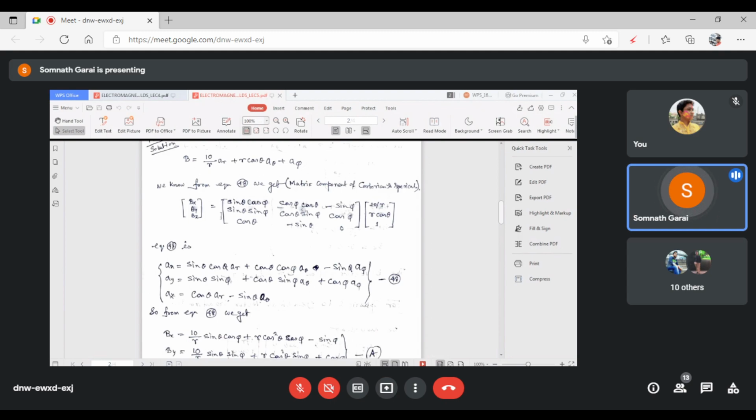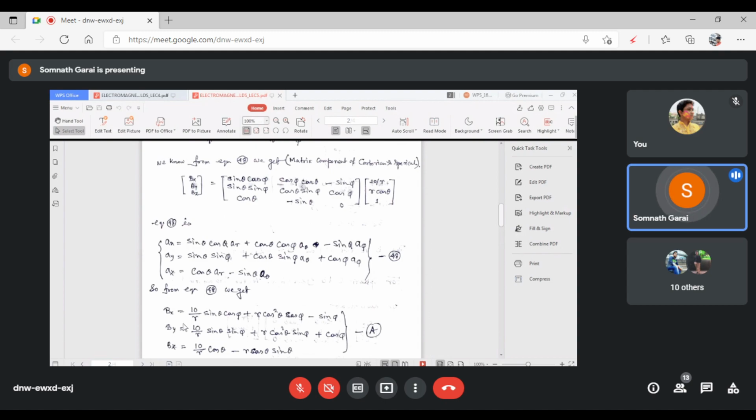The components are, if we multiply in this matrix form, Bx will be 10 by r sin theta cos phi plus r cos square theta cos phi minus sin phi.